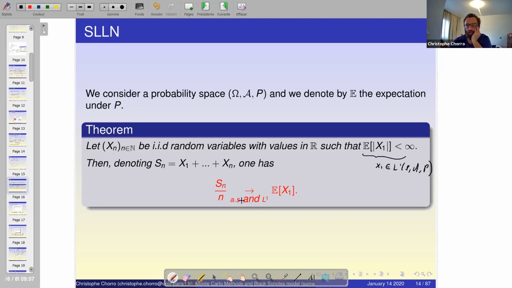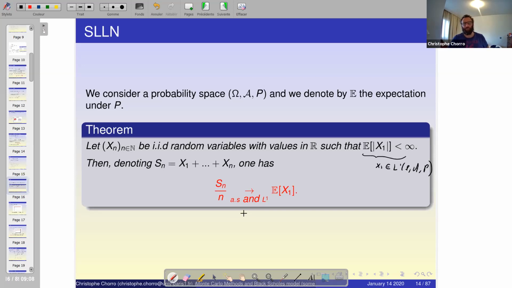Be careful: in general, convergence almost sure does not imply convergence in L1, and convergence in L1 does not imply convergence almost sure, so I need both here. If you want to pass from almost sure to L1, you need a domination condition. And if you want to pass from L1 to almost sure, you only have it for a subsequence.